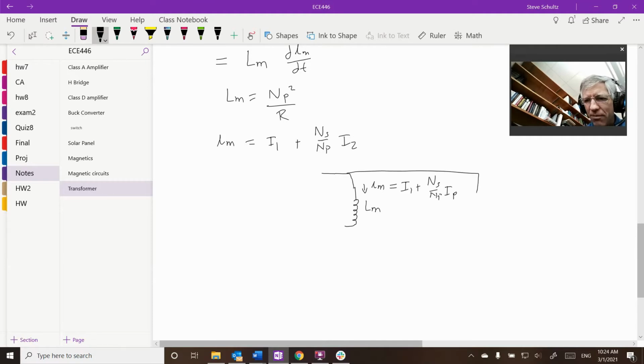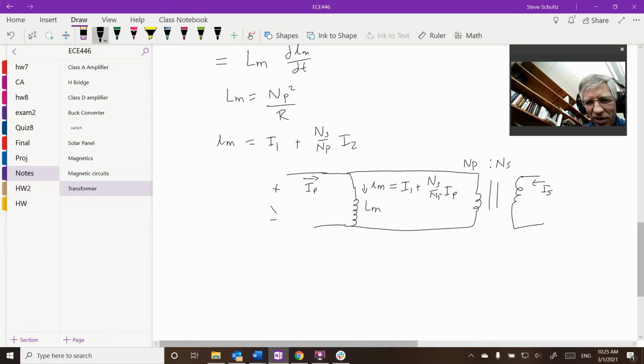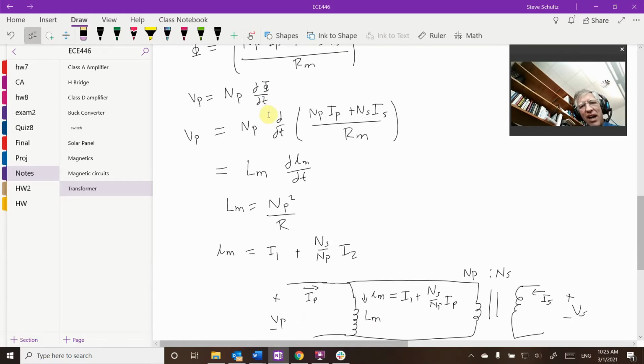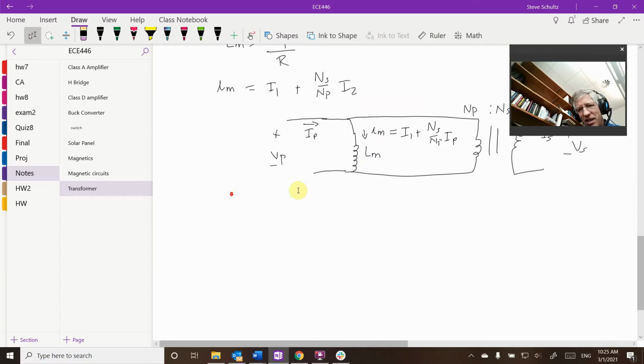Then we're going to combine that with my ideal transformer, which has Np to Ns. You see that this current right here is my I primary, this current right here is my I secondary, then you see I have my V primary here, and I have my V secondary there. So if I have non-ideal reluctance, I end up getting some inductance that's in parallel with this. And I want this inductance to be as large as possible.